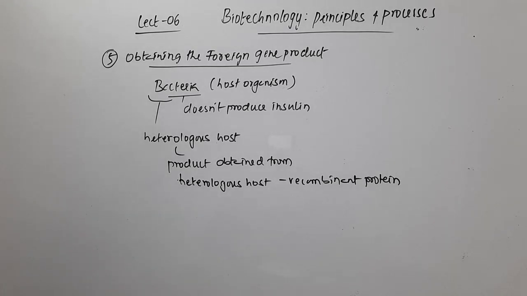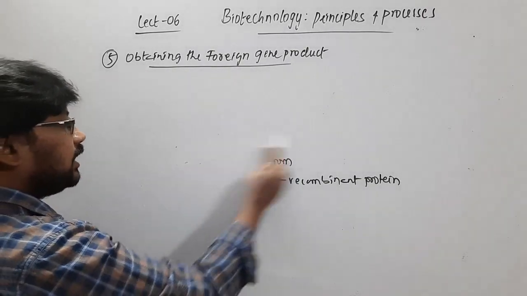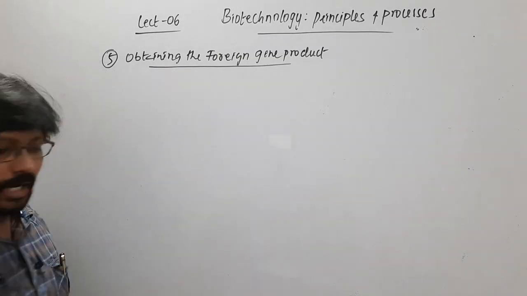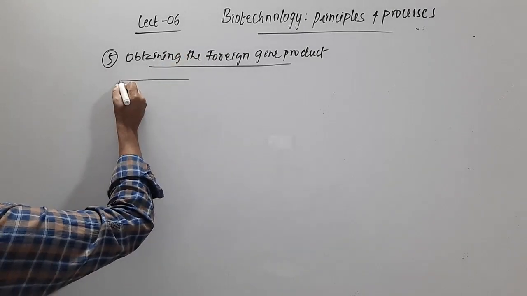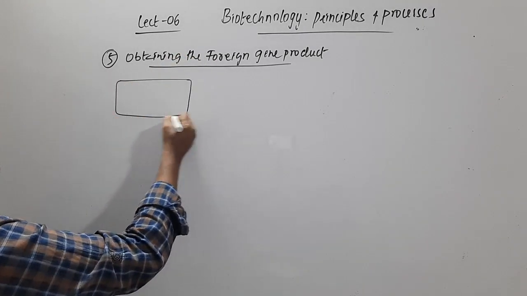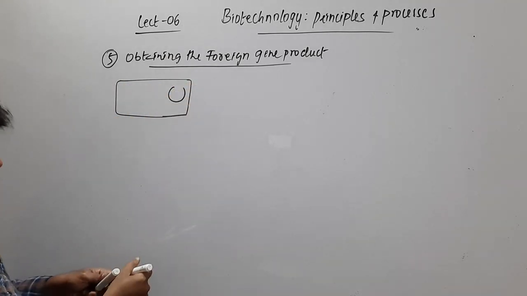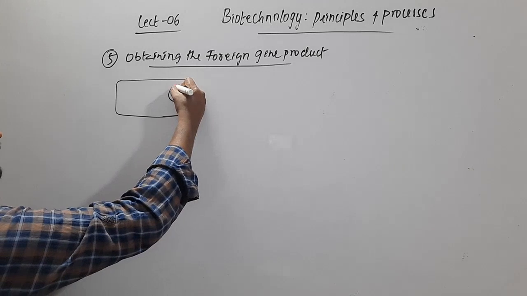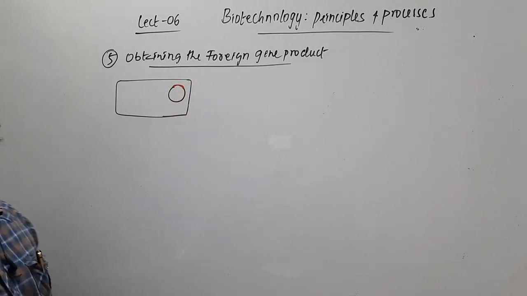Now I told you that once we transform the host cells we need to grow them in large quantities so as to obtain that product in large quantity. So here I have taken the plasmid, and to that plasmid I have linked the gene that codes for insulin.